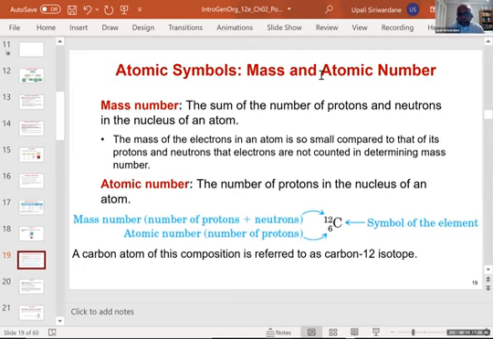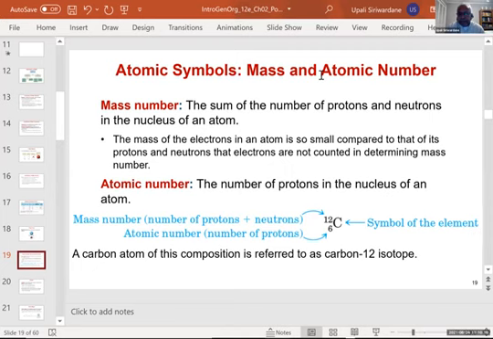This symbol is called carbon 12. We write the name of the element and the mass number, carbon 12. It's an isotope. Carbon also has carbon 13, where the atomic number is the same.